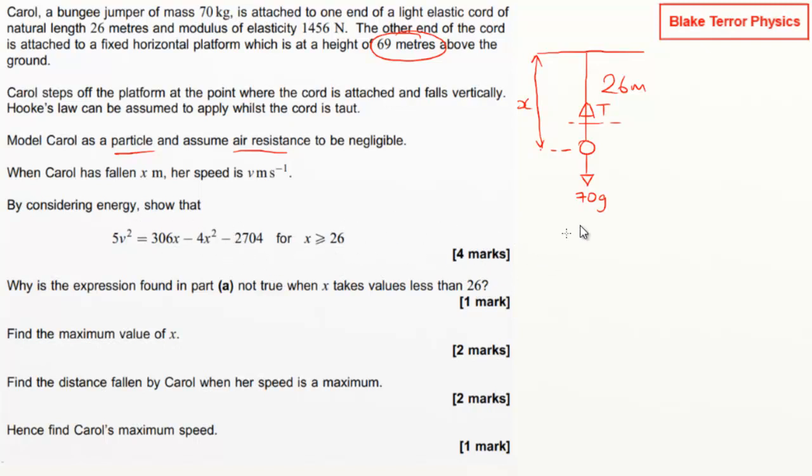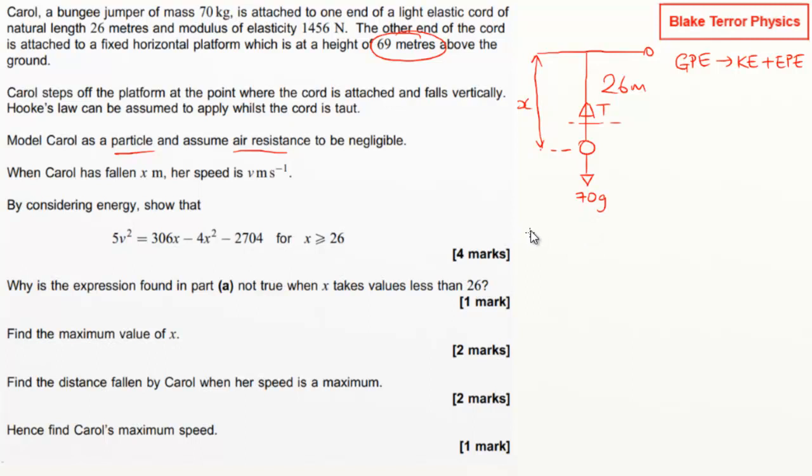Right, so the energy that we've got is, we're starting with GPE. We'll put 0 GPE at the top. And that is going to kinetic energy plus elastic potential energy. This is our transfer that's happening.